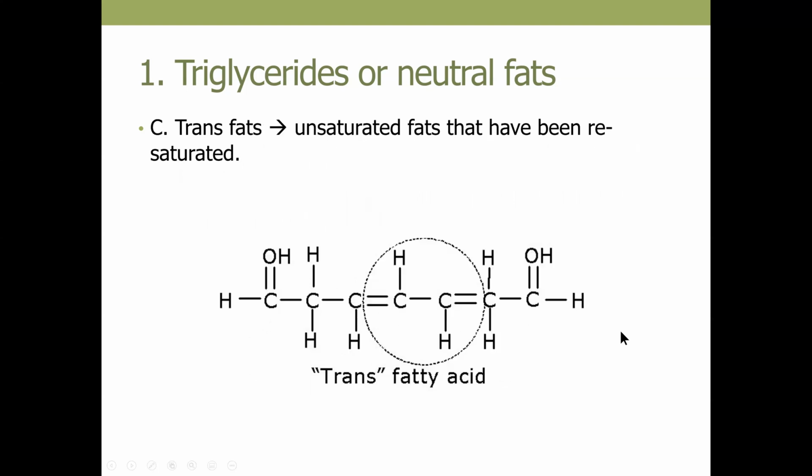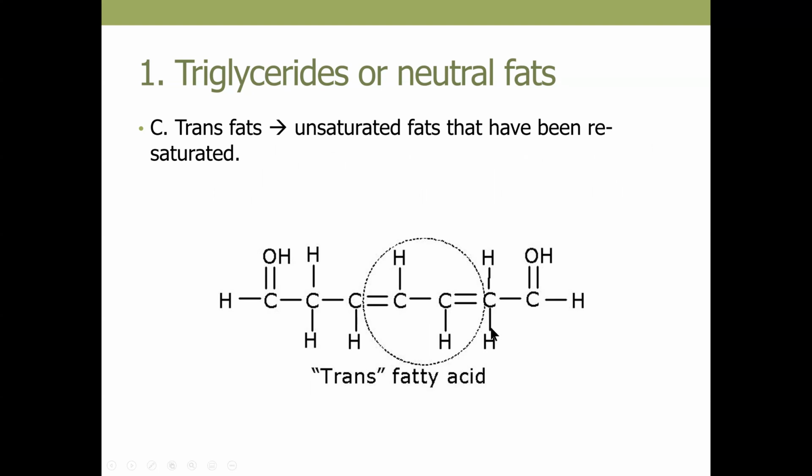What we have done now is we have the ability to saturate an unsaturated fat. So we're looking at trans fatty acids. We have a carbon-carbon double bond, which would indicate that it is unsaturated. We only have one hydrogen there, one hydrogen there, one hydrogen here.